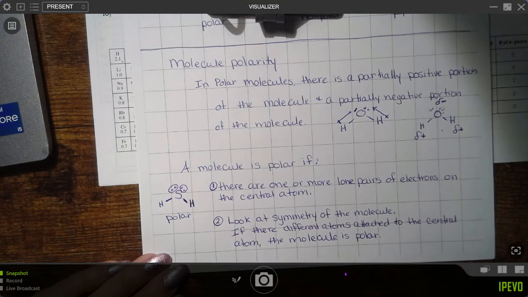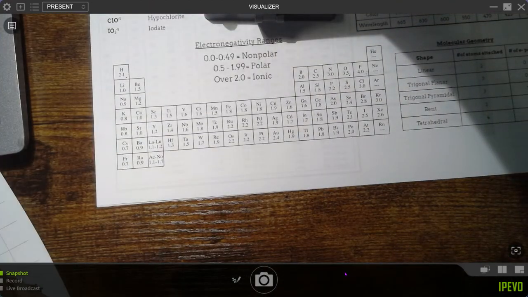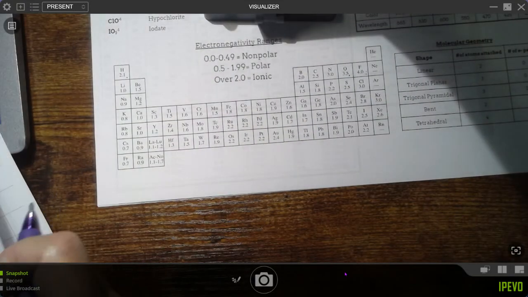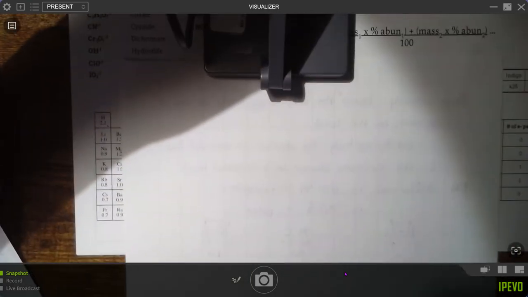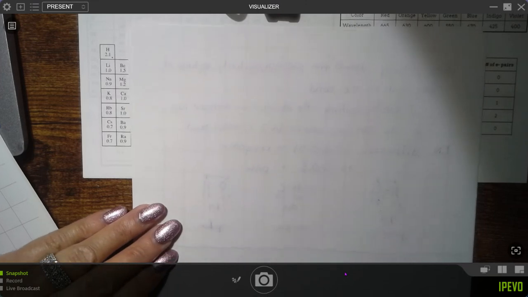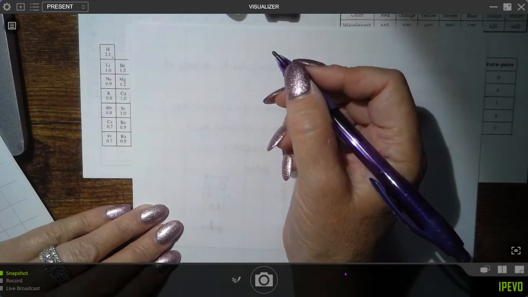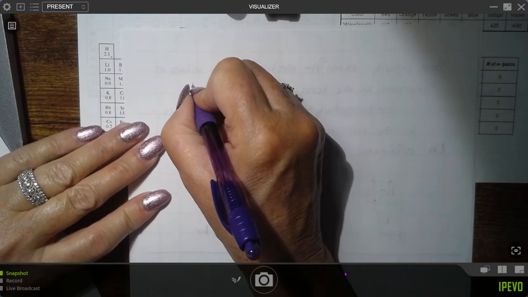So let me flip a page or two over. All right, so let's look at some examples of this. I'm going to draw several molecules, and we're going to determine, are they polar molecules or are they non-polar molecules?